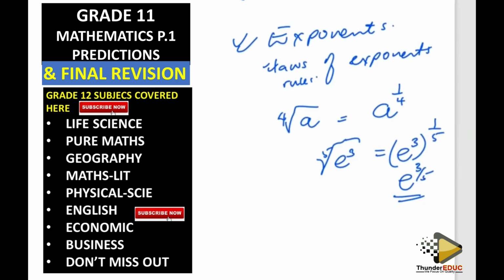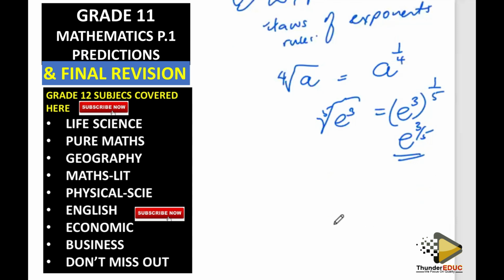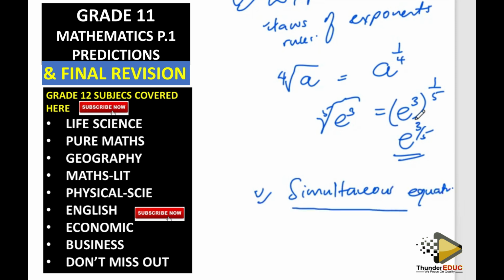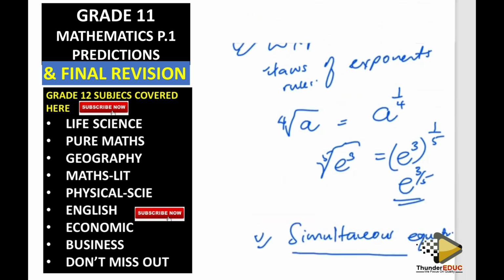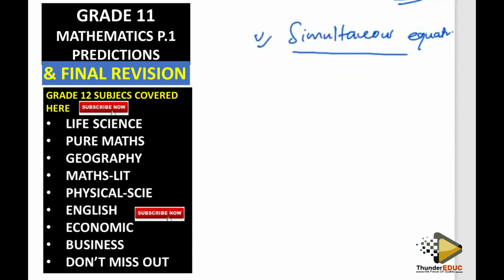Then the last part will be simultaneous equations. So this is an everyday scenario, especially for as long as this mathematics paper. Most papers have these questions of simultaneous equations.